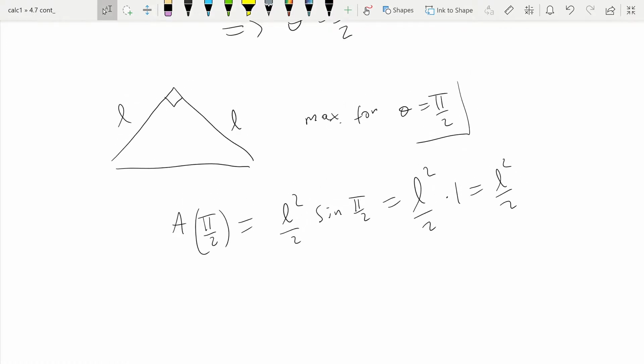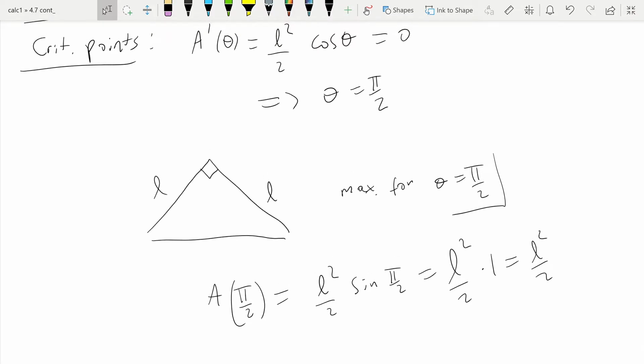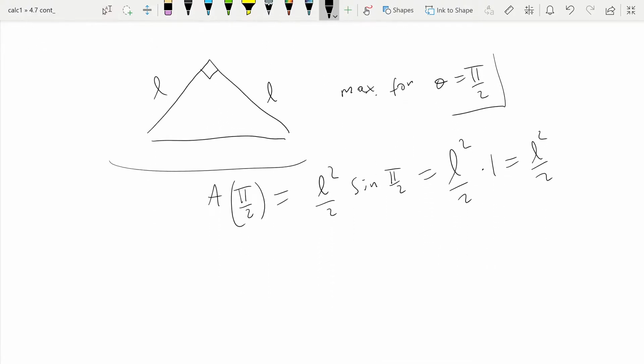We see that we can actually compute the area directly in the case of the right angle, because if you flip this triangle here, the height is L and the base is L as well. So you have L times L over 2, which is L squared over 2.